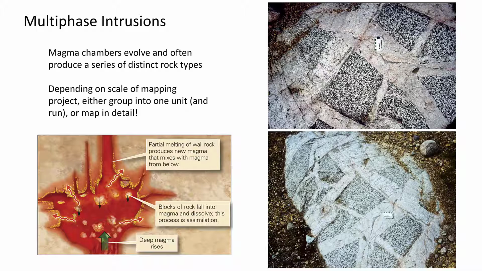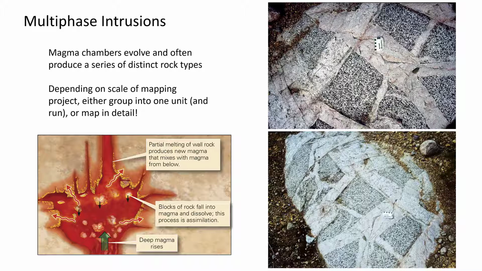Multi-phase intrusions can be a bit more complicated. This is where magma chambers evolve and often produce a series of distinctive rock types. They evolve by partially melting wall rock around new magma chambers and incorporating that wall rock into the magma, forming a new mixture of magma composition, and then subsequently allowing new rocks to be formed during the magma upwelling, intrusion, and lithification.